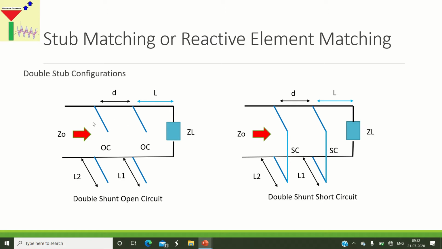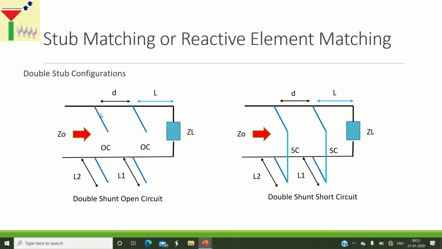These two stubs are kept in parallel with the load, so that's why it is called a shunt stub. And these two stubs are kept open circuited at their other ends, so that's why this configuration is an open circuit. So capital L1 is the length of the first stub, capital L2 is the length of the second stub.